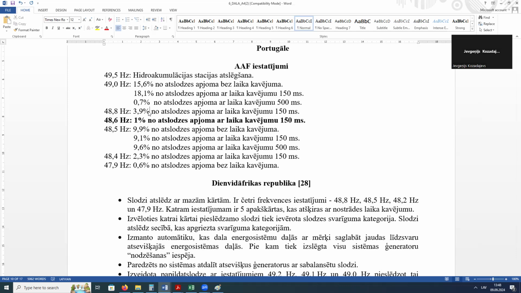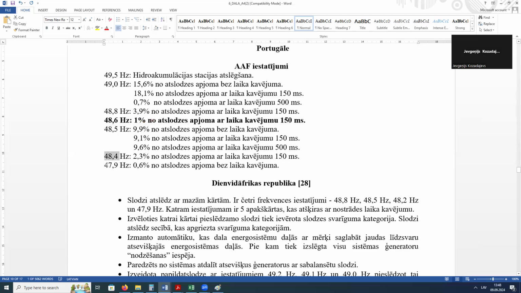And the question is, how much load power do we need to connect to the under frequency automation? But we'll discuss this question next.